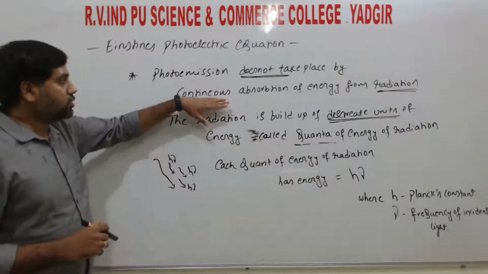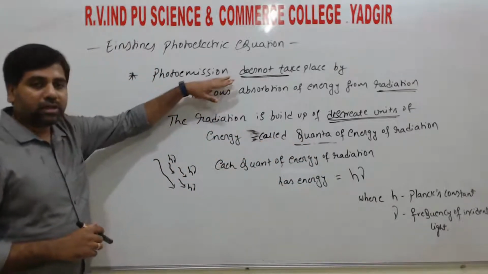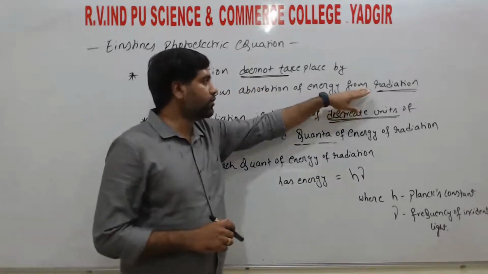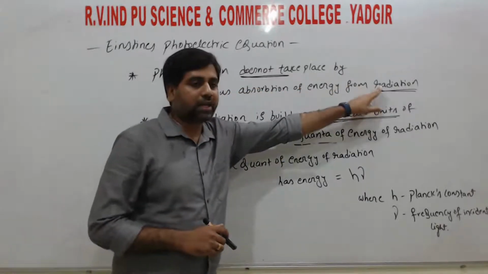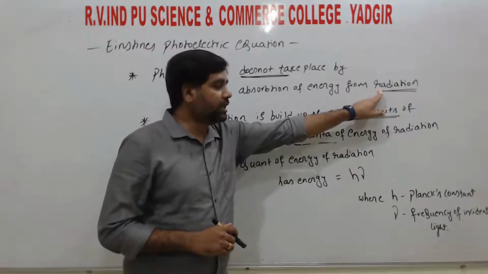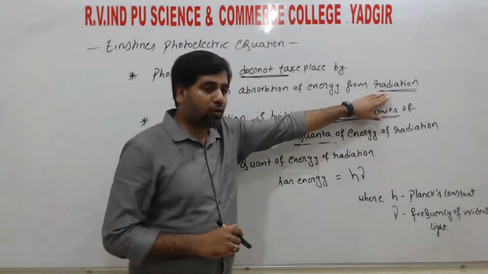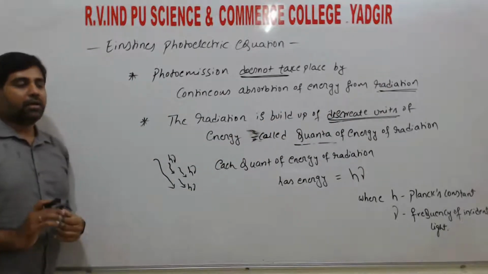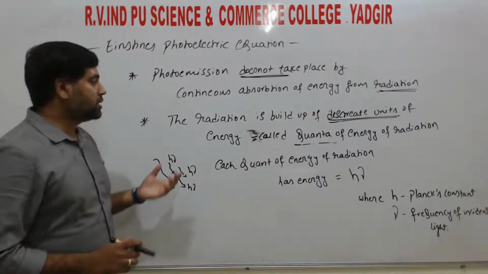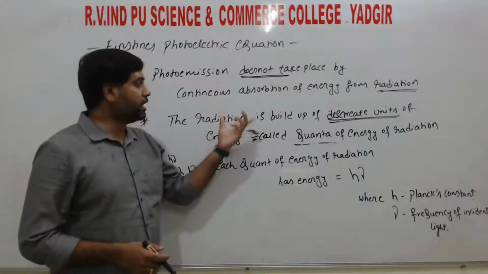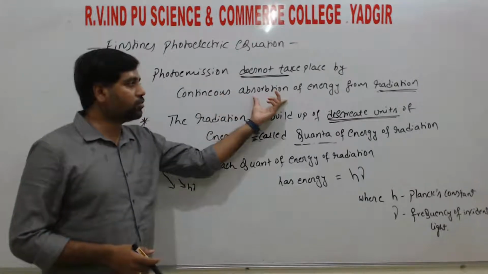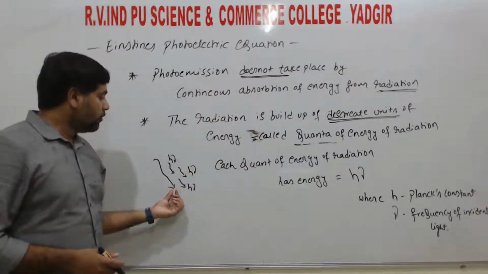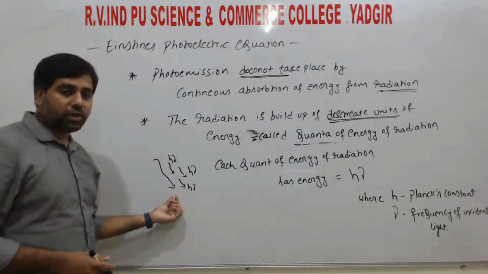So first he assumed that the photoelectric emission does not take place by continuous absorption of the energy from the radiation. Radiation is nothing but the incident light, that is electromagnetic radiation, because light consists of electromagnetic radiations, right? He told that electrons will not absorb the radiation continuously.